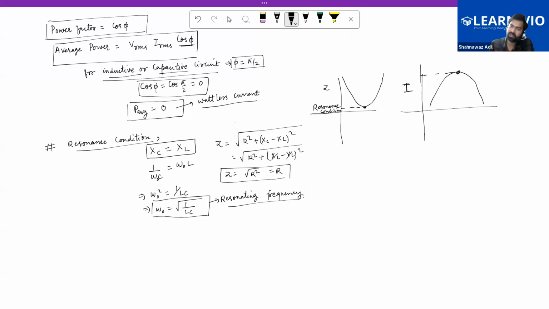So at resonance, this current would be maximum. Your impedance is minimum, this current is maximum at resonance condition. So this is resonance. Yeah, quickly note down this thing, and then we'll talk about the other things, right?